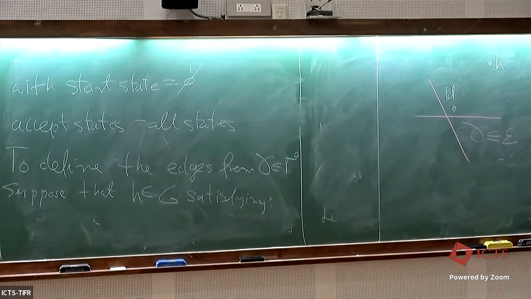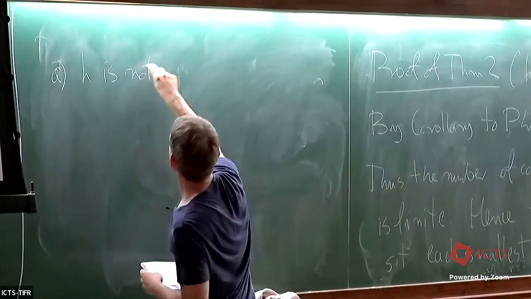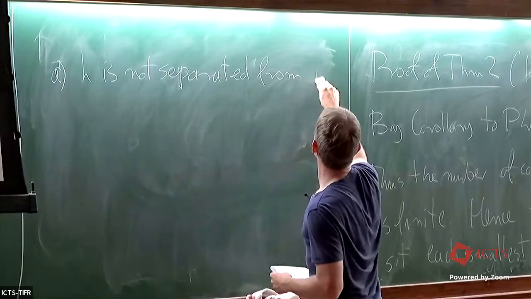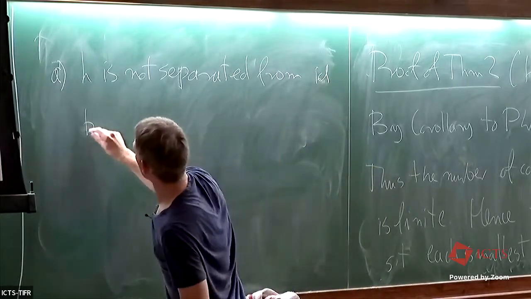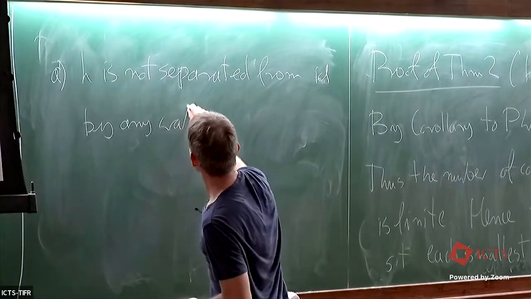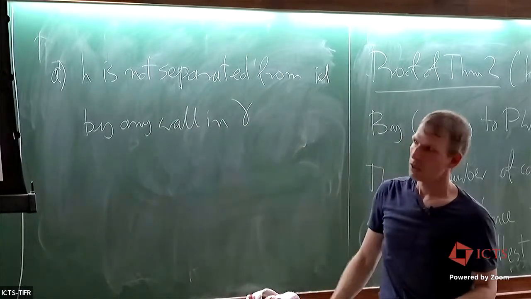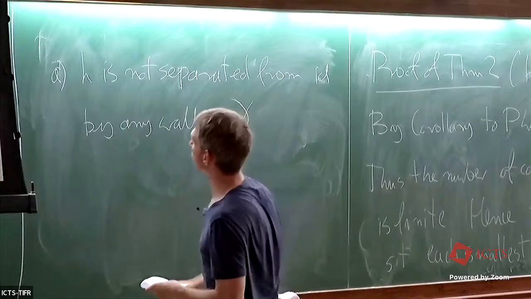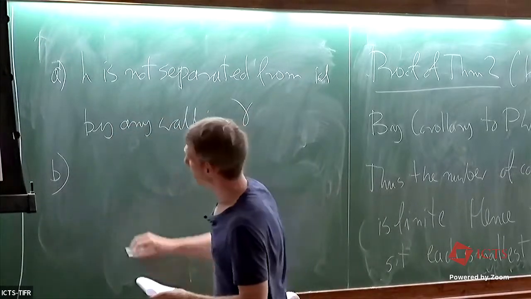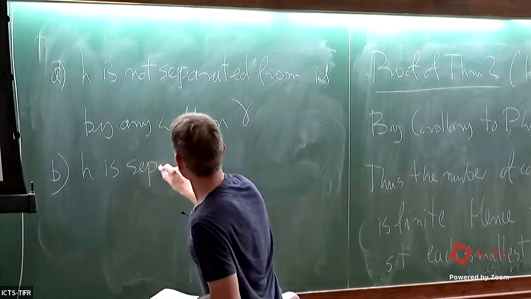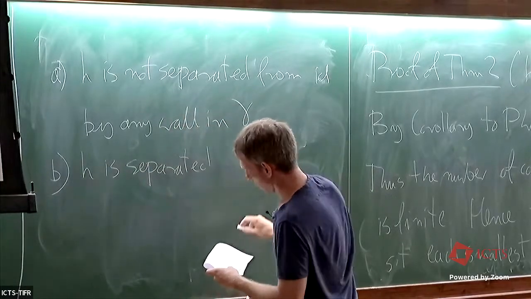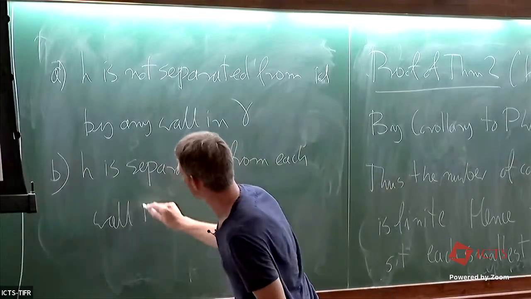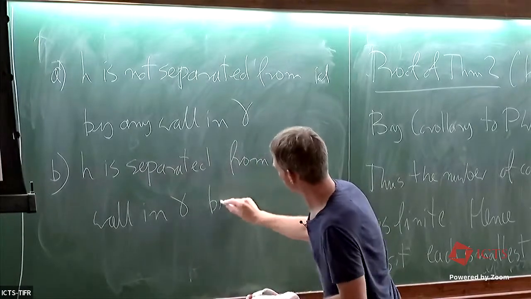So first axiom, H is not separated from the identity by any wall in the set gamma. So if we are at the start state, this condition is empty because there are no walls in gamma. Part B, H is separated from each wall in gamma by another wall.